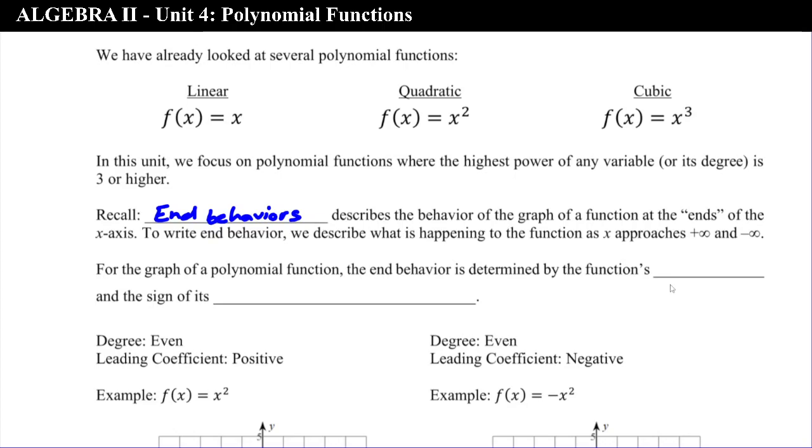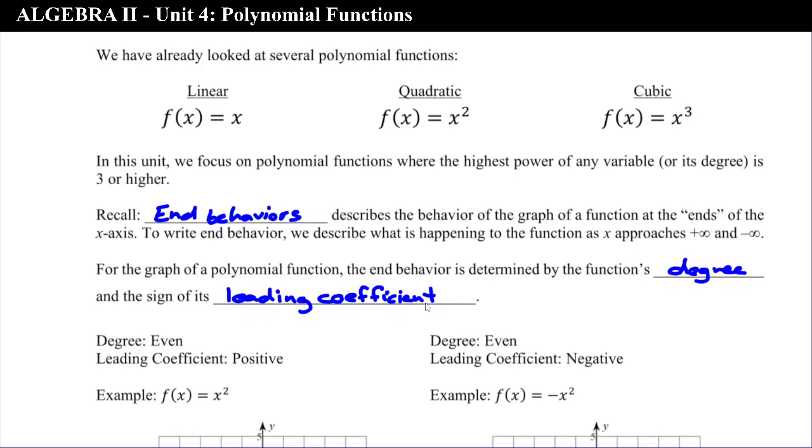It's determined by the function's degree, and it's also determined by the sign of its leading coefficient. Okay, so if we know what the degree of the function is, whether it's even or odd, and we know what the sign of the leading coefficient is, whether it's positive or negative, then we can determine what the ends of the graph do for any polynomial.